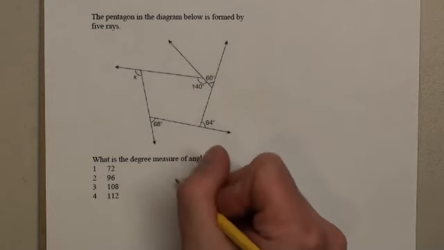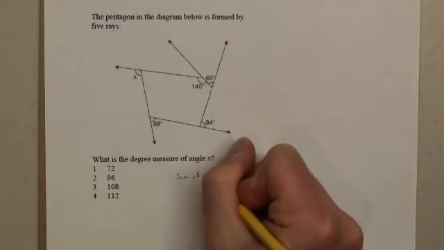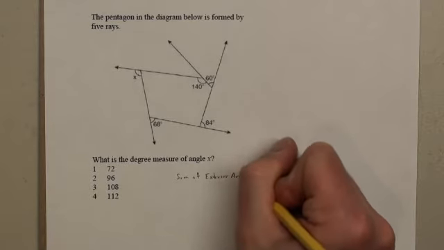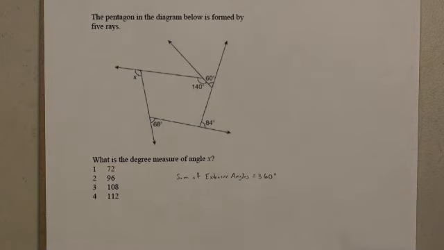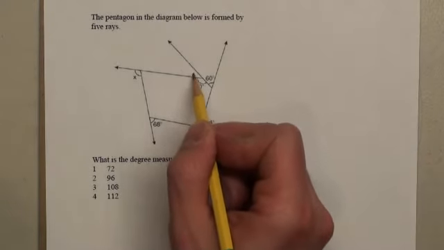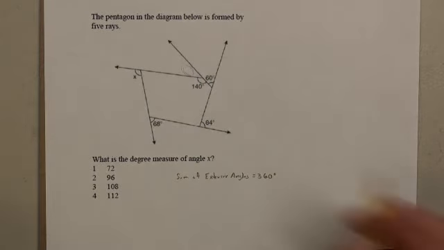Well, we know that the sum of the exterior angles equals 360 degrees, no matter what it is. The only problem is that we don't know this exterior angle right here. So let's find that first.